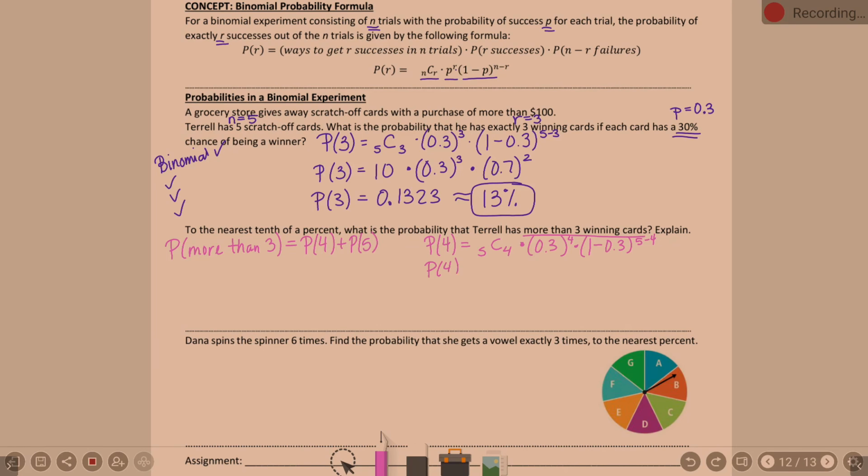Let's see. 5C4, have you done the math? Should be 5. I'm going to leave it as 0.3 to the fourth for right now. And then 1 minus 0.3 is going to be 0.7 to the first.